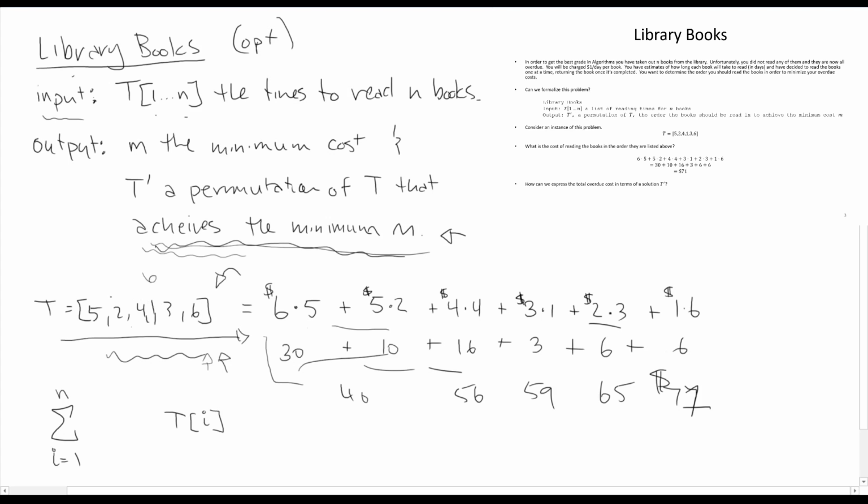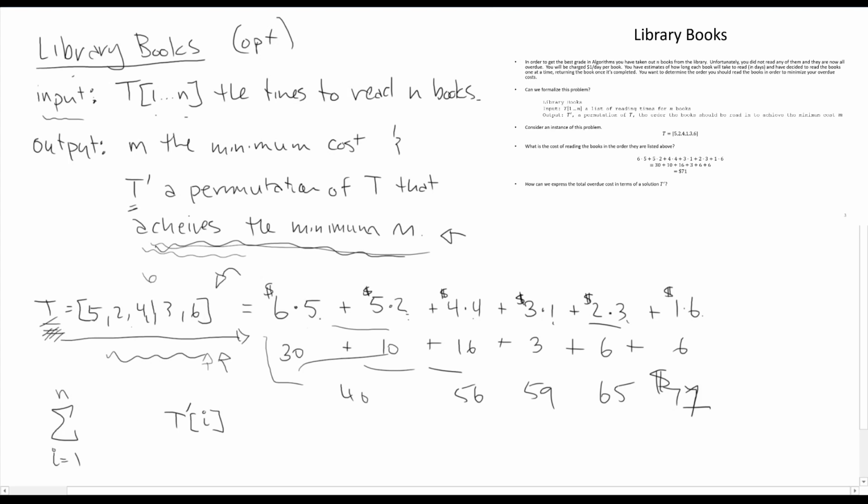So t of 1 was 5, t of 2 was 2, 4, 1, 3, and 6. But this was in the order they gave it to us. And we don't want it in the order they gave it to us. We want it in the order we're going to output it. So I'm going to put my t prime on there. So the output is going to give us the cost.